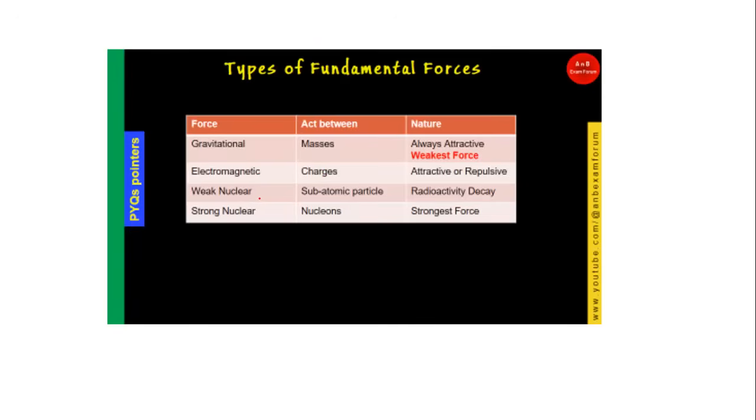Weak nuclear acts on subatomic particles, as in radioactivity. Strong nuclear happens in the nucleons, that is neutron and proton, and is the strongest force found in nature. So remember, gravitation is the weakest force of all.